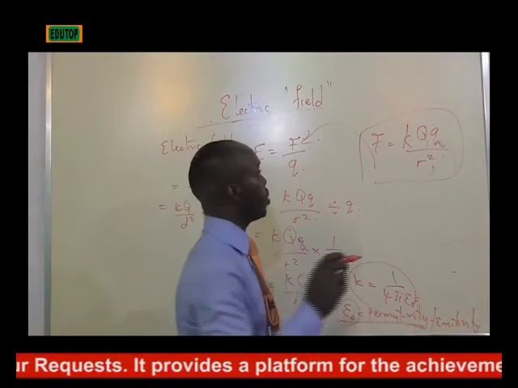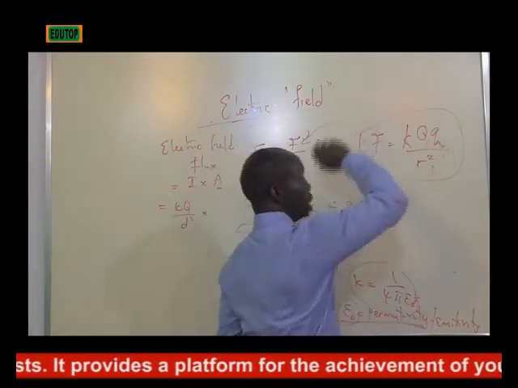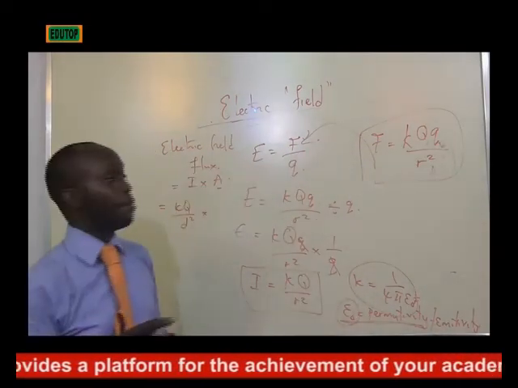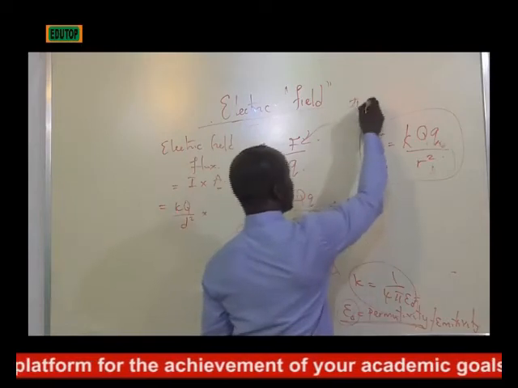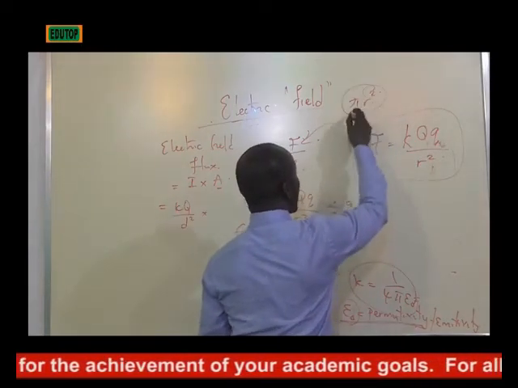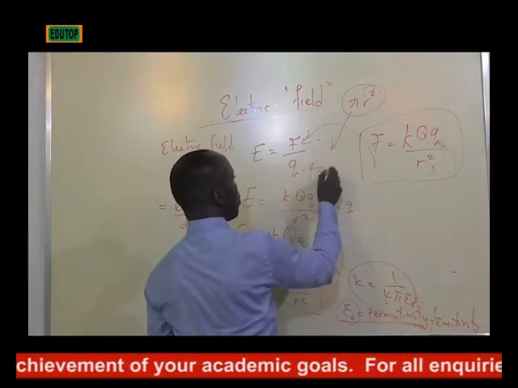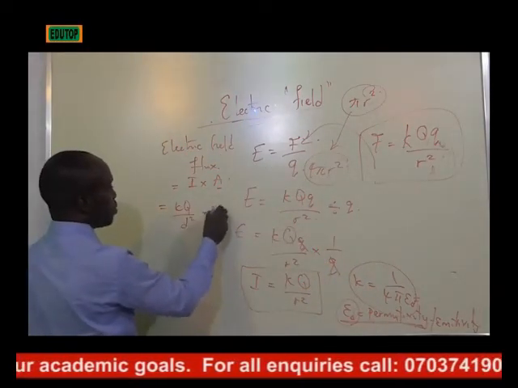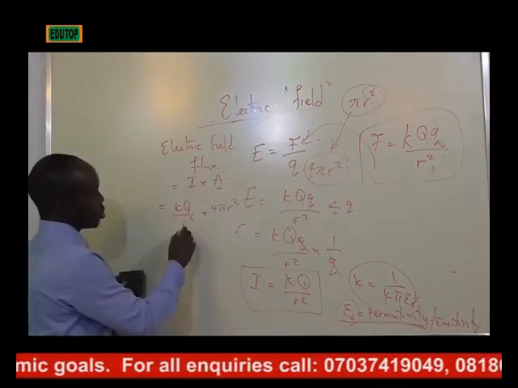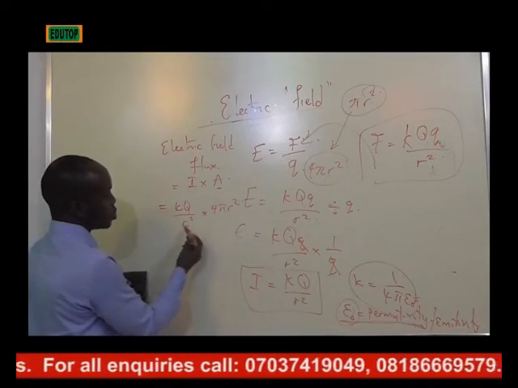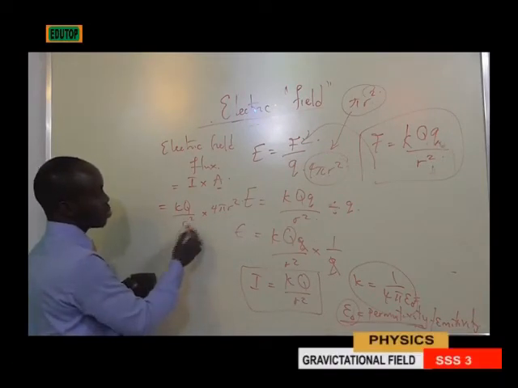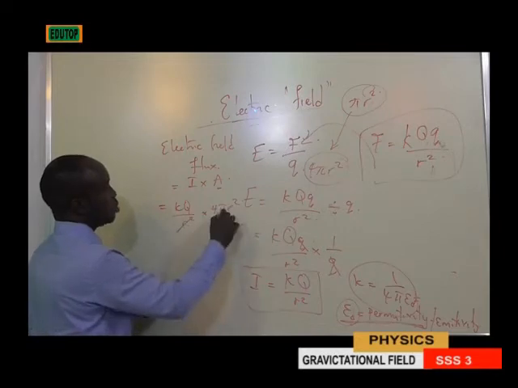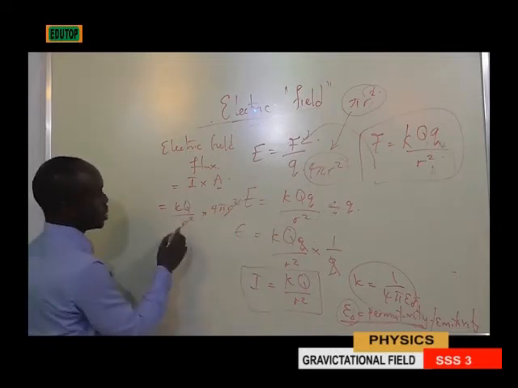Naturally you are supposed to use 2 pi R squared, but the cross-sectional area in this case is given as 4 pi R squared. So it is the 4 pi R squared you input. If you are using this as D squared, you must use this as D squared. If you are using this as R squared, you must use this as R squared, so that you'll be able to cancel out.